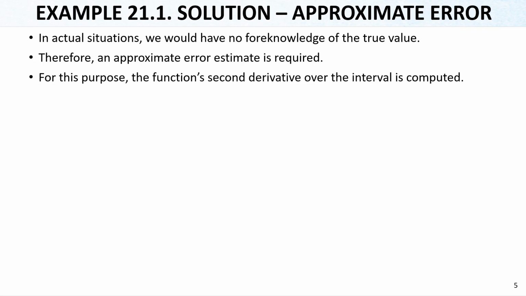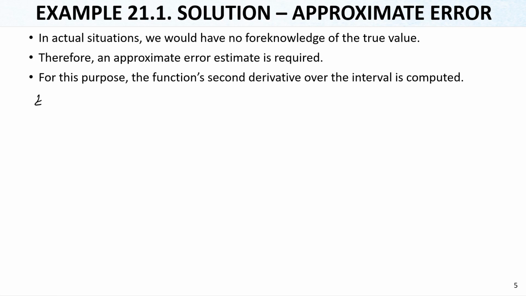And for this purpose, we can use the error formulation for the trapezoidal rule, which uses the second derivative over the interval. And the formulation is basically this. We showed this 2 slides before.